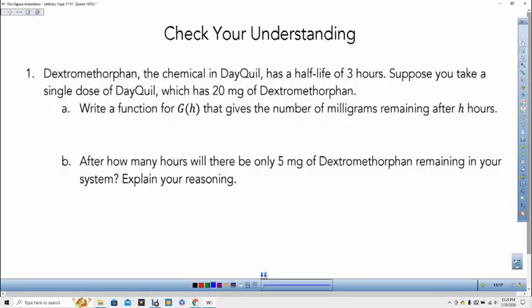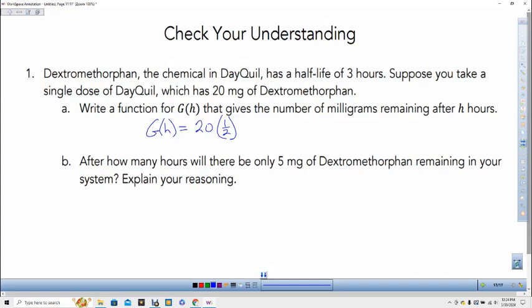All right, so putting everything together here, we've got g of h, and we're going to start off with 20, so that's your a1, and then it's going to decrease by half, so we're going to multiply by 1/2. How often are we going to multiply by half?